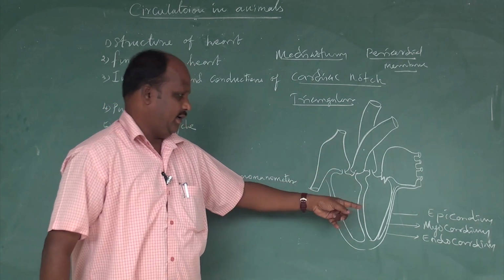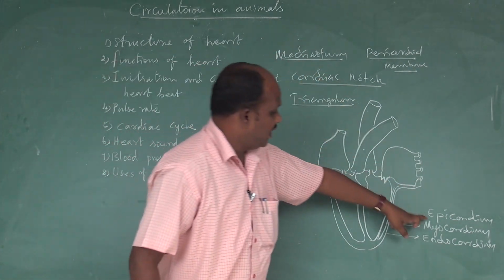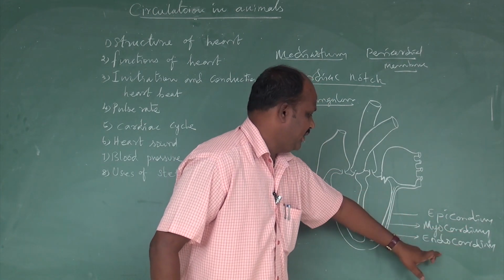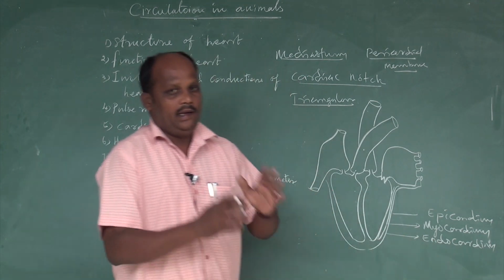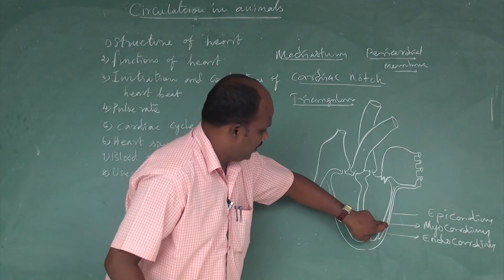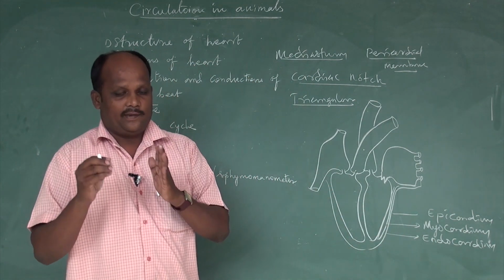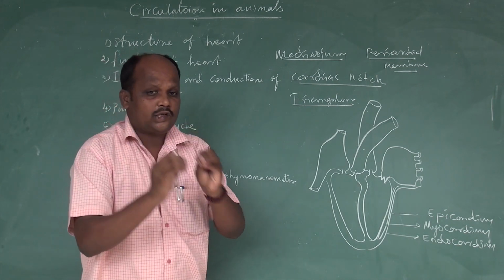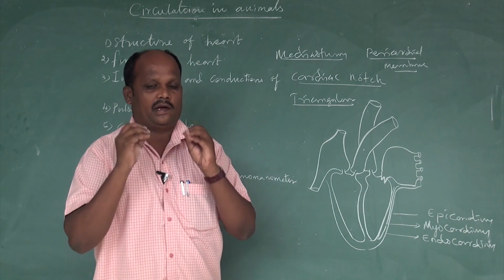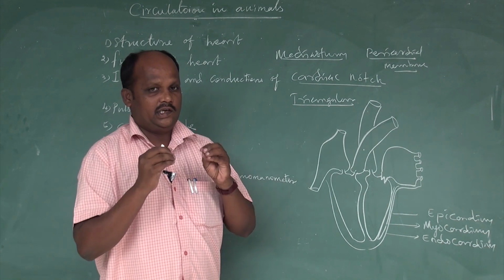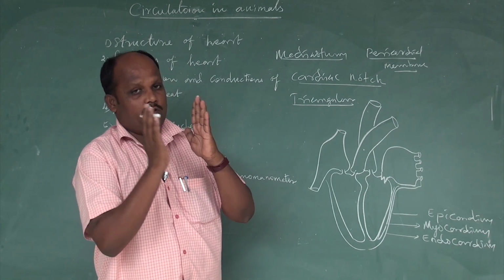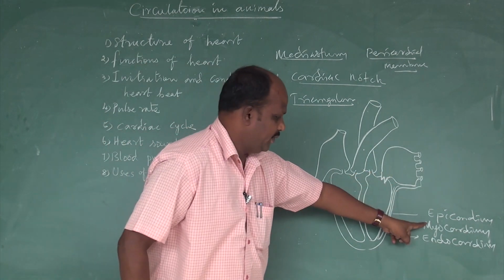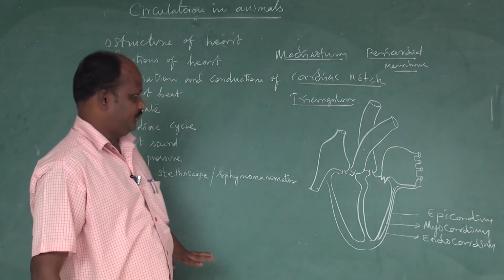The pericardial membrane means the three membranes: the epicardium, the myocardium, and the endocardium. The pericardial fluid and the membranes both protect the heart structure from mechanical shock and vibrations. So the heart is protected by the three membranes and the pericardial fluid.